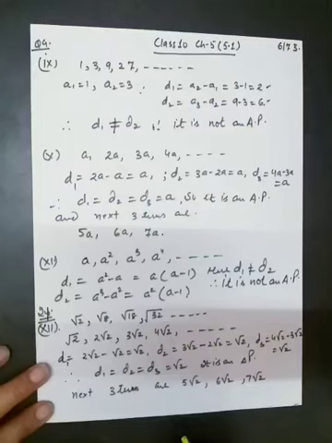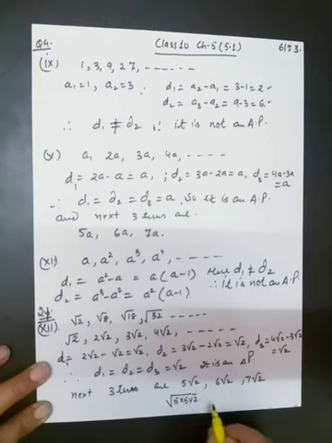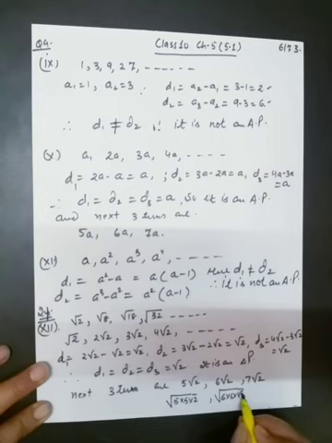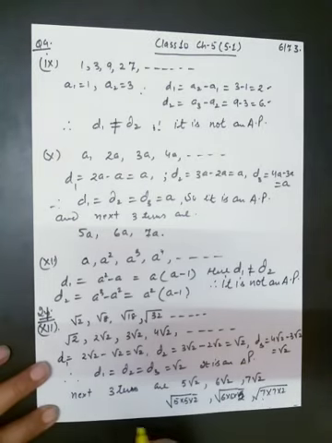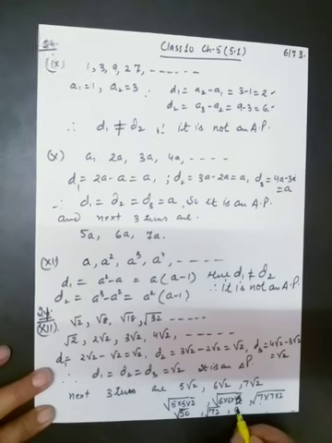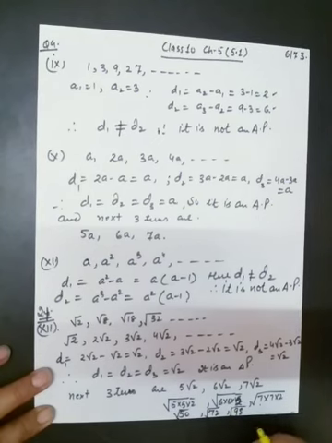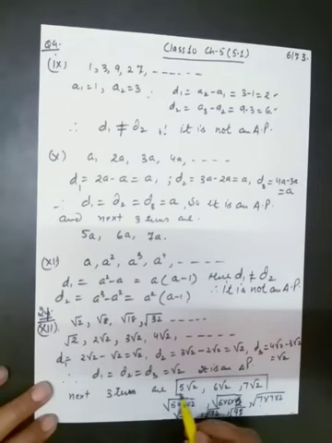And we can write them as 5 into root 2, 6 into root 2, 7 into root 2, and they will become root 50, root 72 and root 98. This is an important question, or you can leave your answer here. This one is also correct.